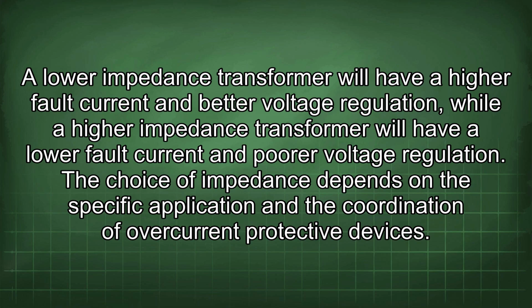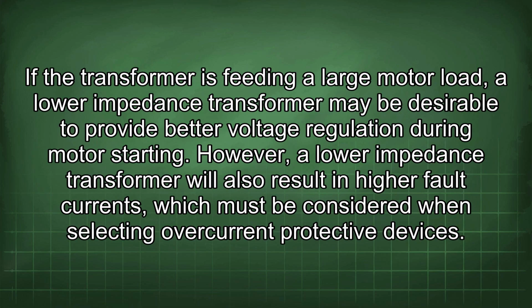The choice of impedance depends on the specific application and the coordination of overcurrent protective devices. If the transformer is feeding a large motor load, a lower impedance transformer may be desirable to provide better voltage regulation during motor starting. However, a lower impedance transformer will also result in higher fault currents, which must be considered when selecting overcurrent protective devices.